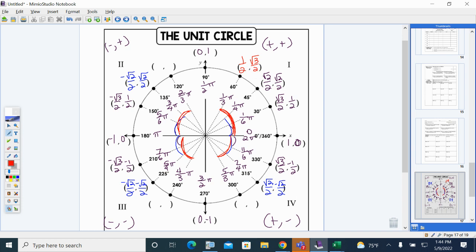And then for 120, we just have to make the x negative. And in quadrant 3, for the 240 degree, they're both negative. And then again in quadrant 4, the x is positive and the y is negative. So there is our unit circle.